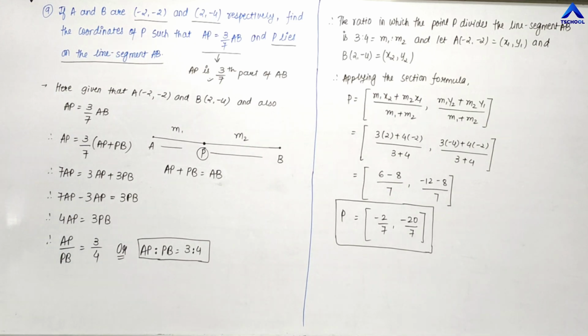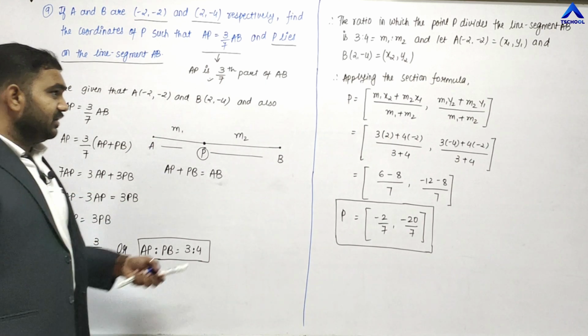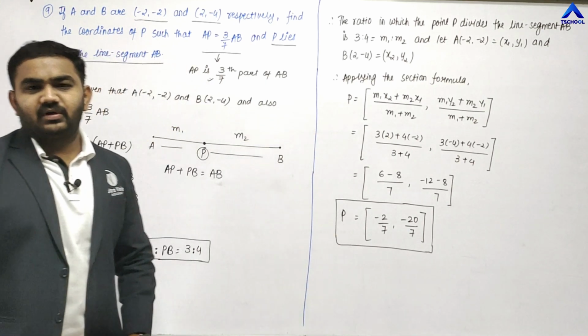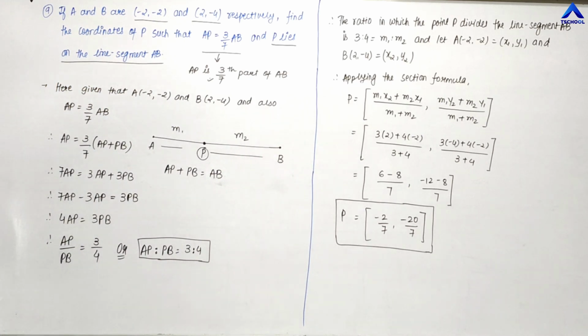We were not given a direct ratio, we were given an indirect ratio. So first of all, we found out a ratio from this, and after finding out the ratio, we used the section formula to find out the coordinates of point P, that is the point of intersection, right, or the point of division. Okay, take a look.